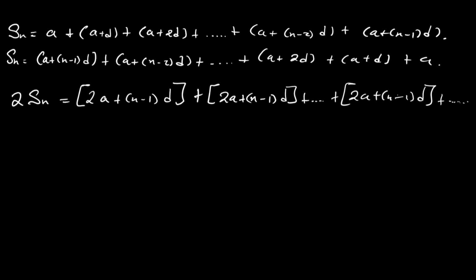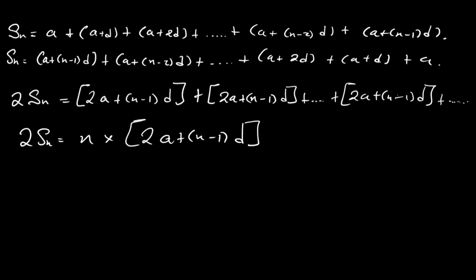Now since n is the number of terms, remember it is the number of terms you want to find in the sum times a constant value. So 2 S sub n is equal to n times the constant value 2a plus (n minus 1)d.